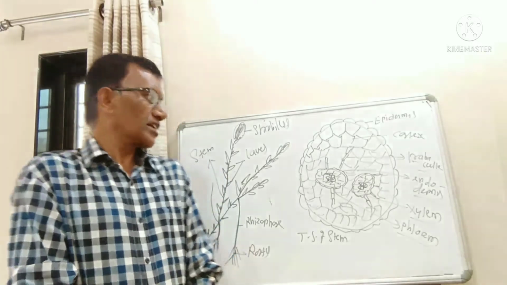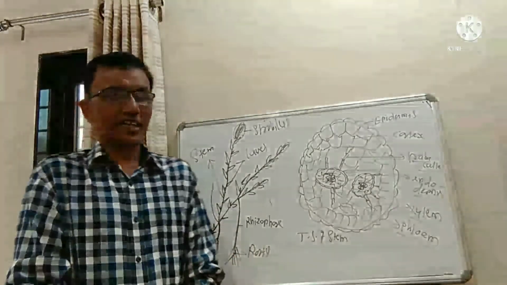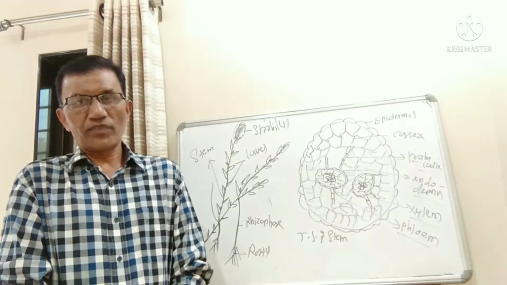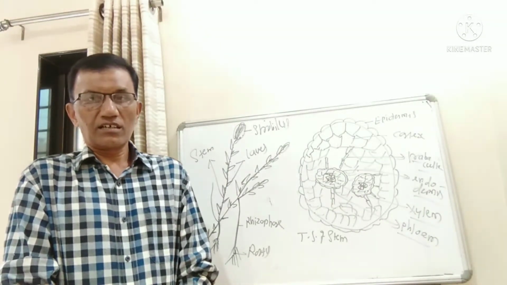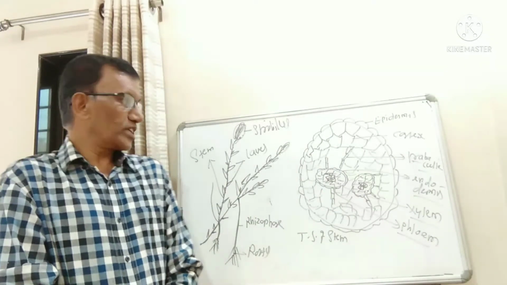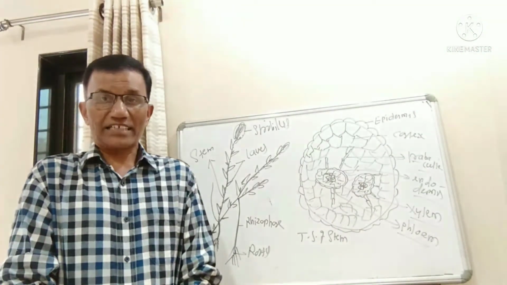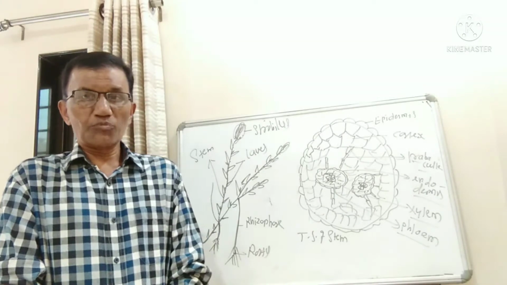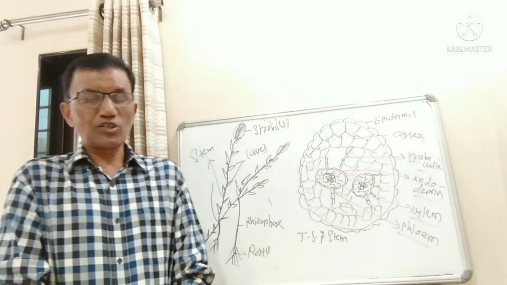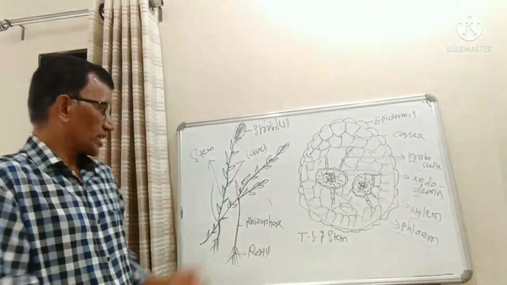Now the details about the external characteristics and internal characteristics of Selaginella are going to be discussed today. While explaining the external characteristics, the important points you have to remember are what type of stem is there.